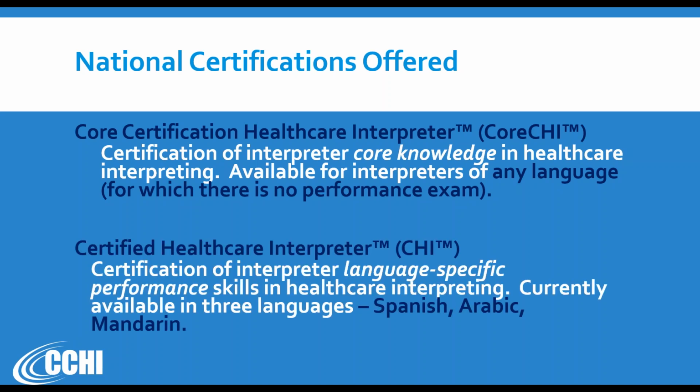The second tier is the performance, language-specific certification that is currently available in 3 languages: Spanish, Arabic, and Mandarin. In other words, if you're a Spanish, Arabic, or Mandarin interpreter, you cannot stop at the core level. You need to proceed to the higher level, which is CCHI, Certified Healthcare Interpreter Certification.